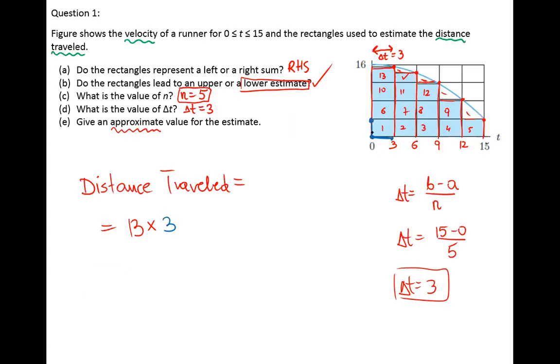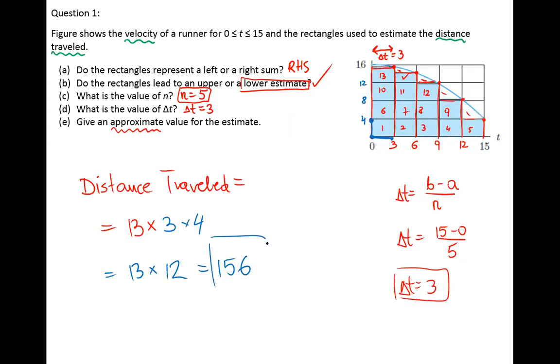And what is the height of the small rectangle? It goes by 4, 8, 12, so times 4. 13 times 3 times 4, that's 13 times 12. I think it's 156, because 12 times 12 is 144 plus another 12. Yes, it's correct.